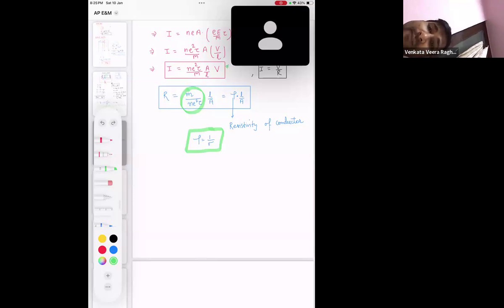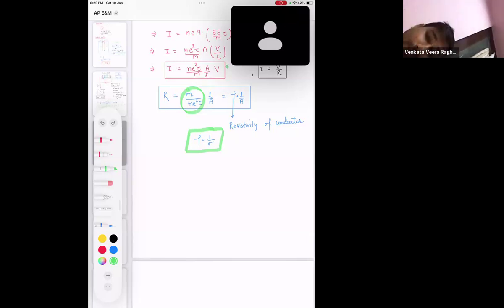For different types of conductor, a different electron density will come, isn't it? Means the electron density in copper and aluminium, will it be different? Please tell. The electron density in copper and the electron density in aluminium will be what? Different.